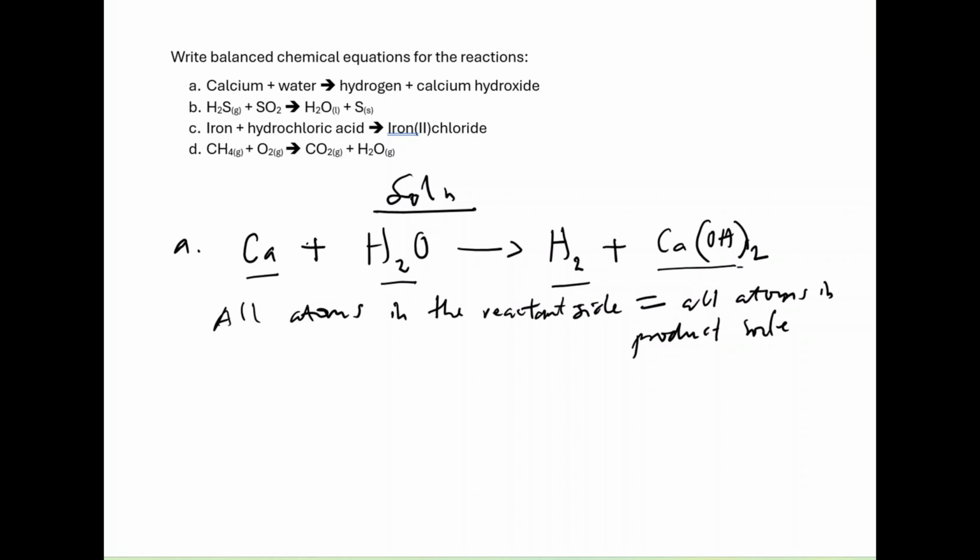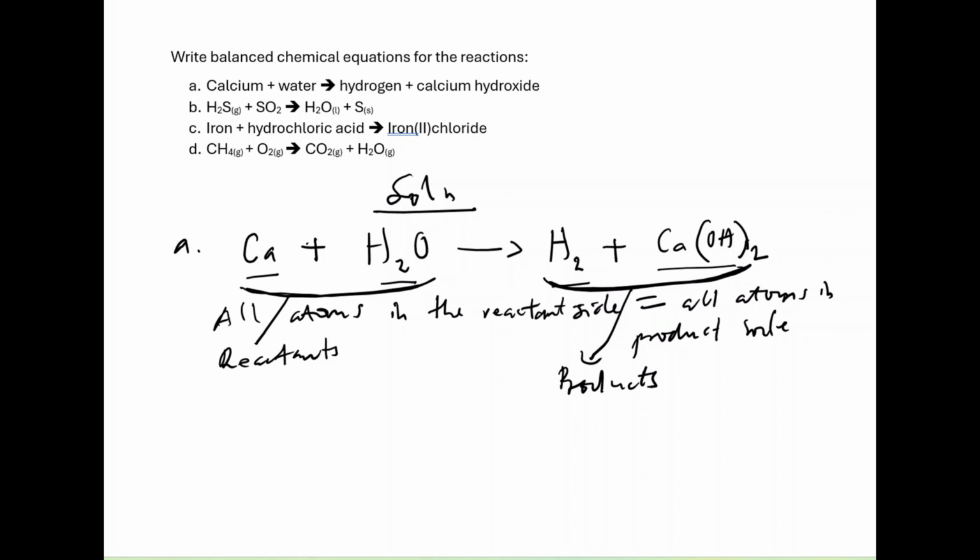In this equation, which one is our reactant and which one is the product? You have to know that here is your reactant, because calcium is the one reacting with H2O, so we call them reactants, and they produce hydrogen gas and calcium hydroxide. So this will be our reactants, and all these are our products.